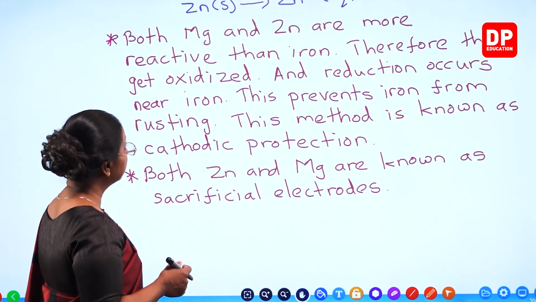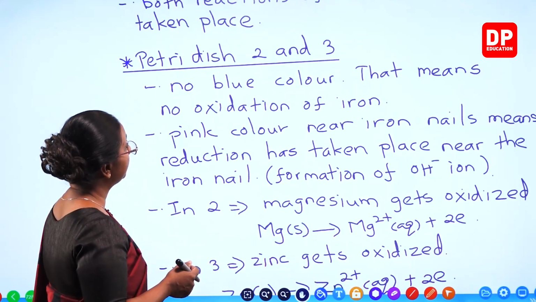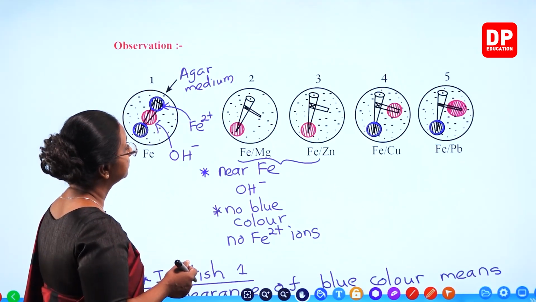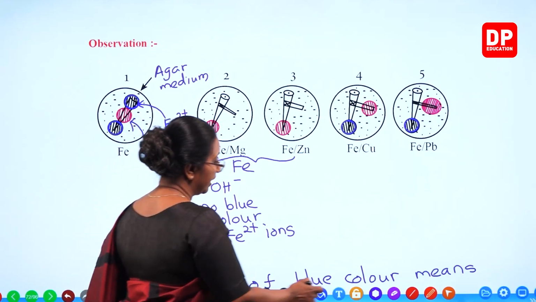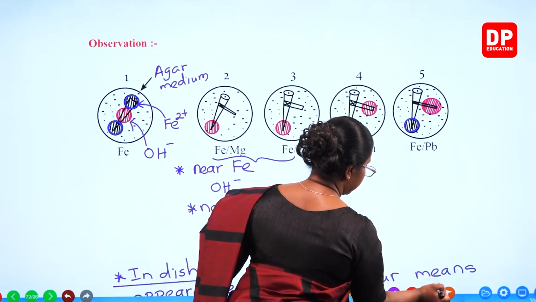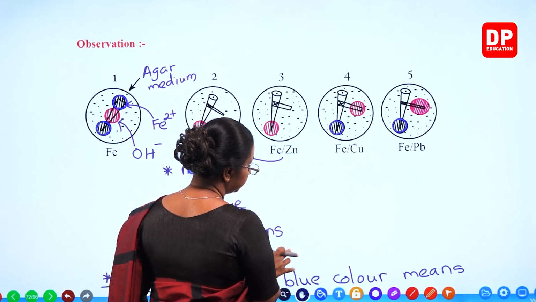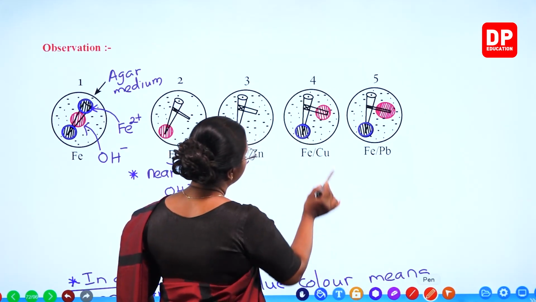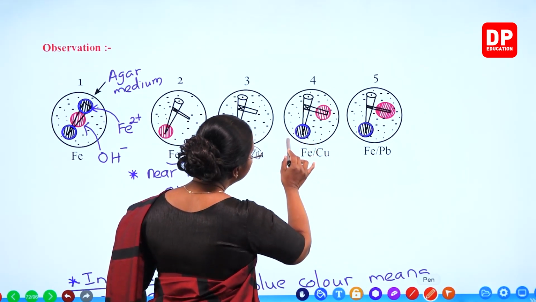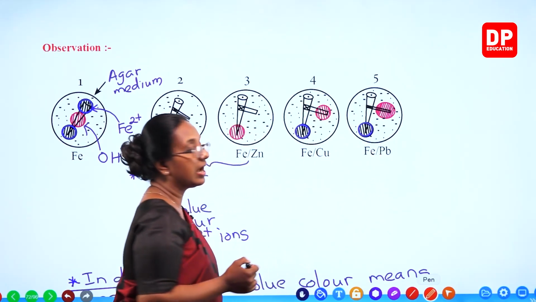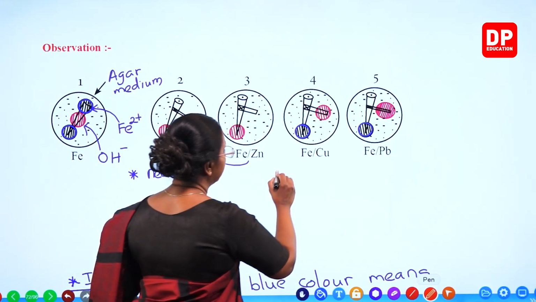Now we will look at the fourth and fifth petri dishes. The fourth and fifth ones. Now here, look at the changes there. You can see blue color near iron. Here also you can see blue color near iron. What is the meaning of that?